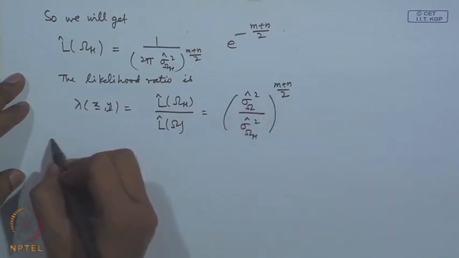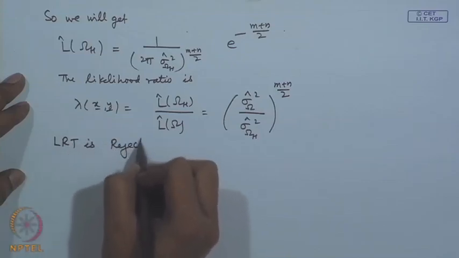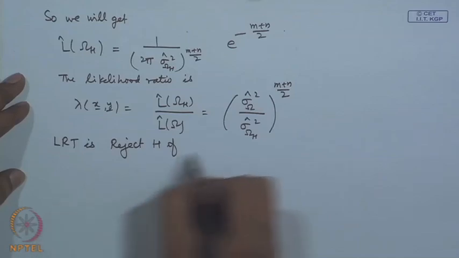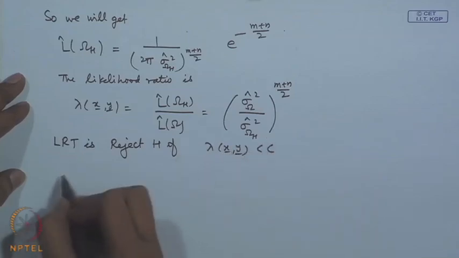So, the likelihood ratio test is: reject H if lambda x y is less than c.